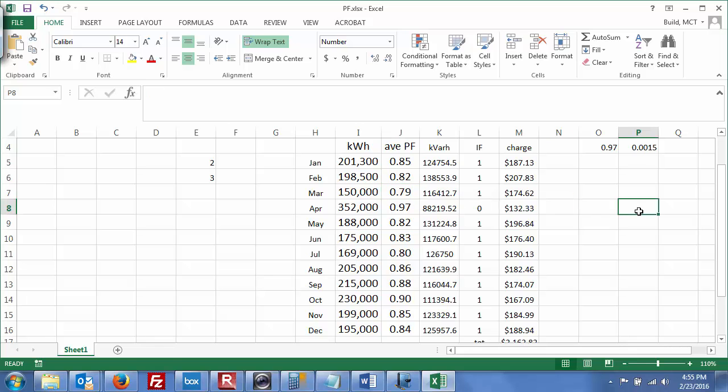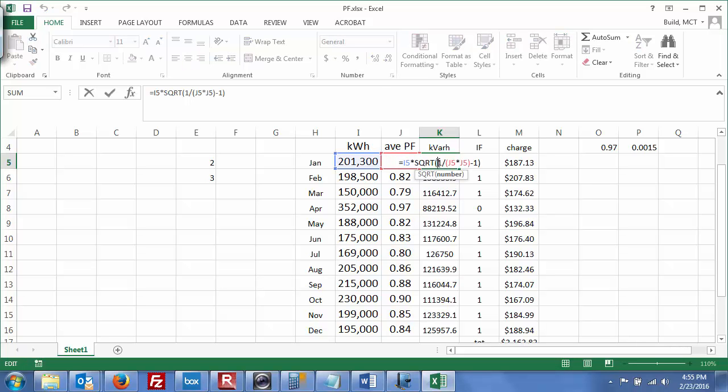And then let's just see how my calculation did. So the calculation just equals the power, which is in I5, and I'm going to multiply that by the square root of 1 over J5 squared, or the power factor squared, minus 1.